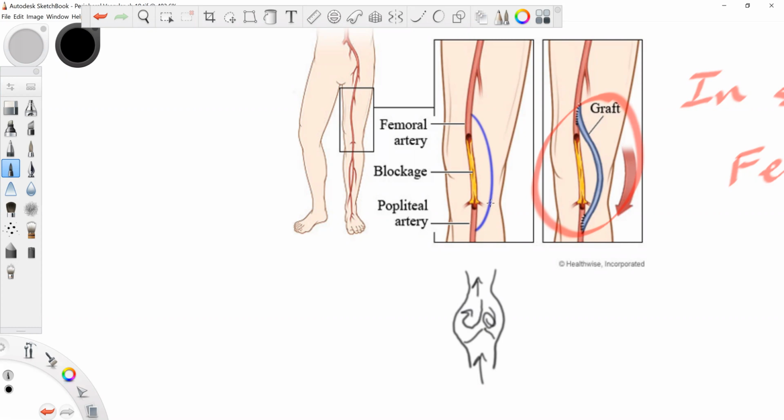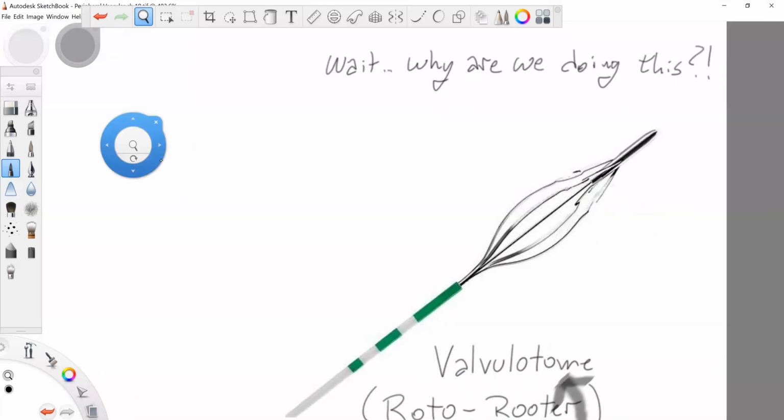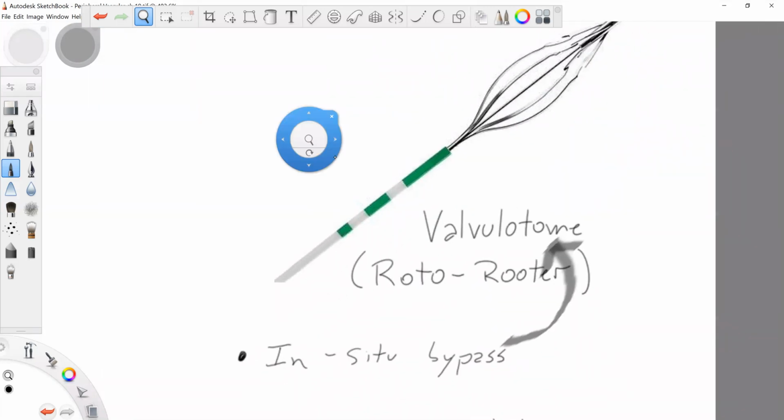Now, if I'm doing this graft, and I have a valve here, and a valve here, but I'm trying to get blood down the leg, I'm running into a valve and a valve. So there's one of two things that could be done. On an in situ bypass, you can use a valvulotome, or rotor-rooter.